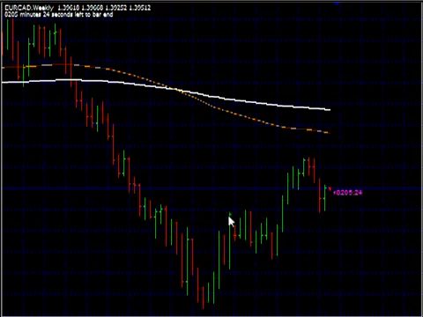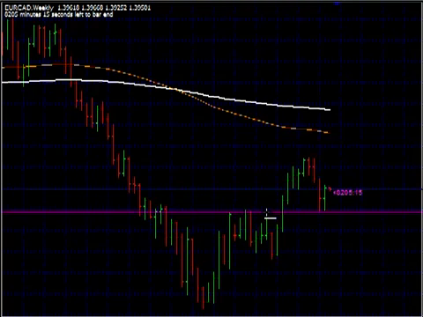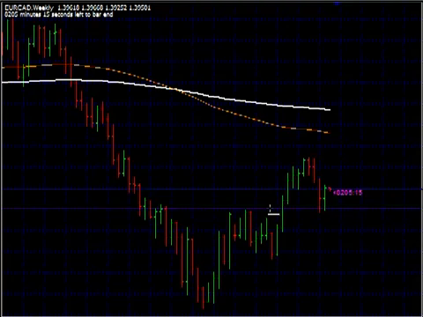So now what happens in this area and this area is we can draw a price pivot area over here. Let's see. We draw a horizontal line in this area. Let me adjust it a little.